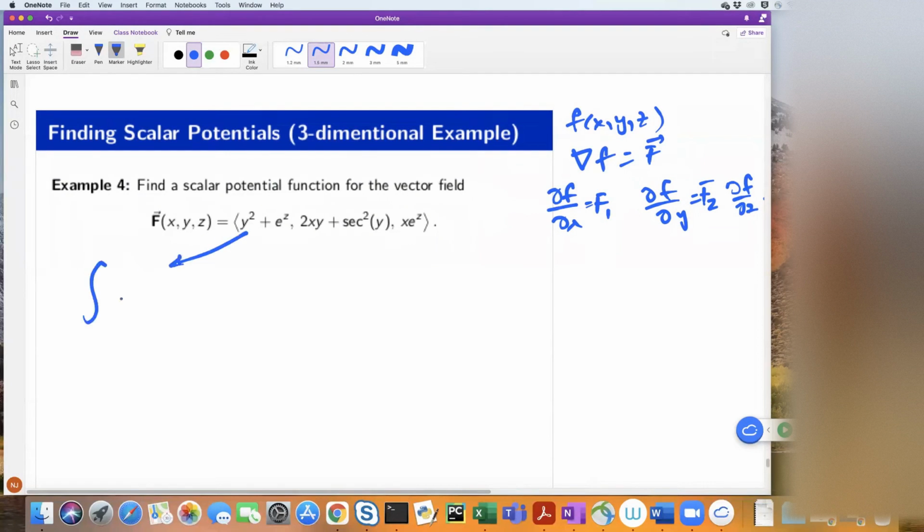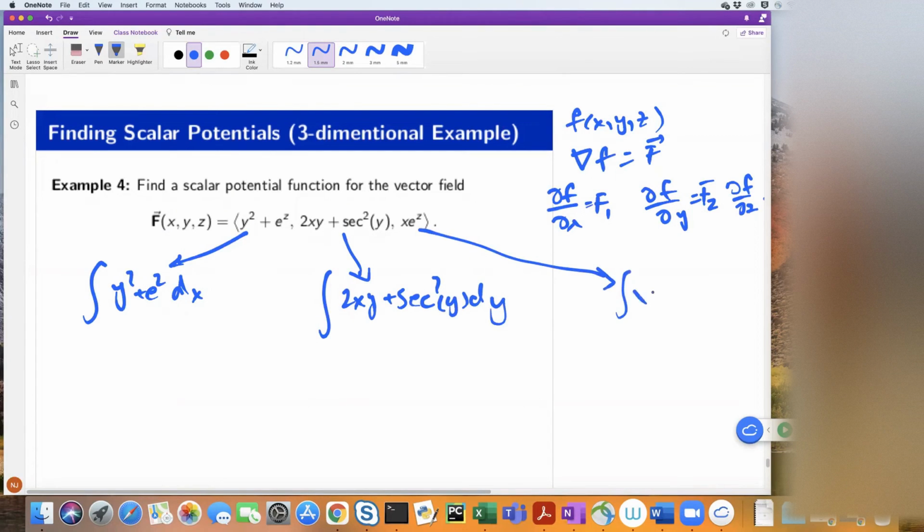This one, you take the antiderivative of y squared plus e to the z dx. That one, you take the antiderivative of 2xy plus secant squared of y dy. And the third one, x e to the z dz.